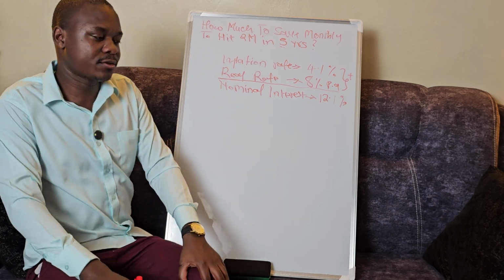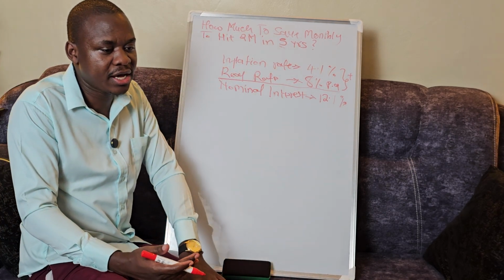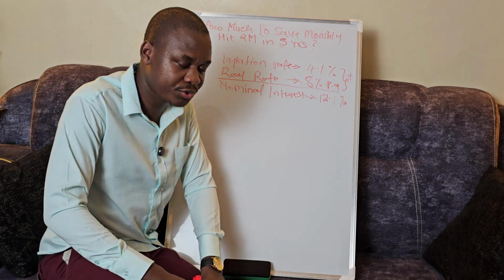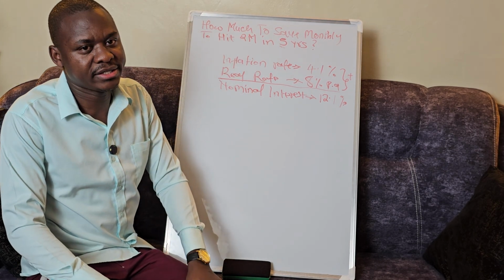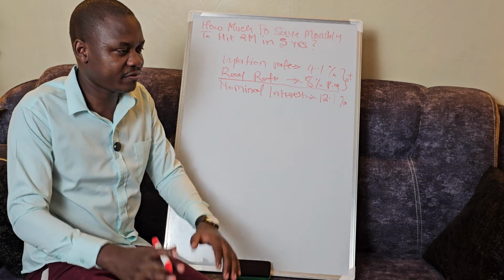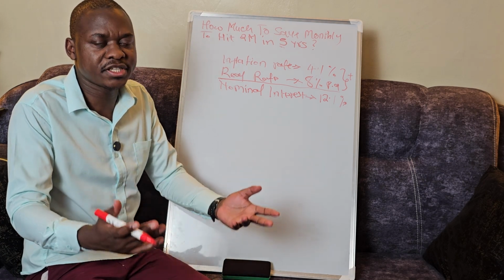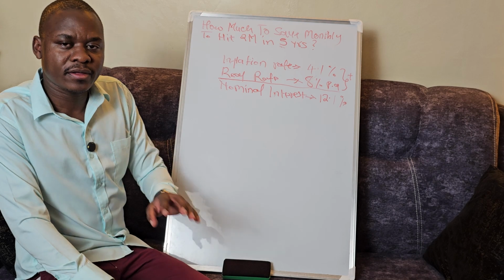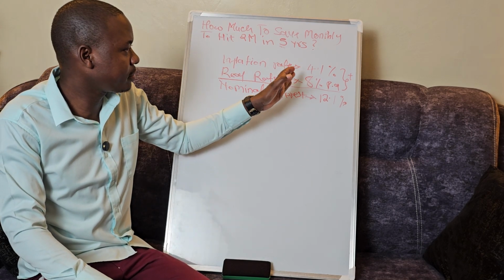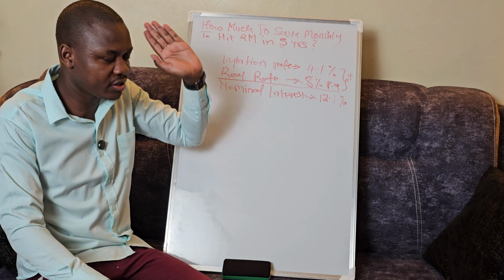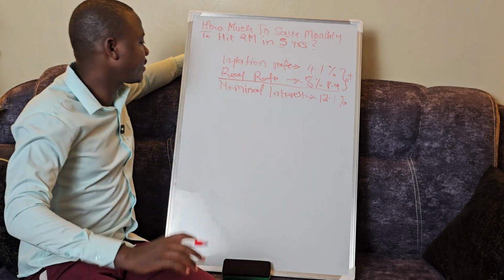When we say inflation, we just mean the persistent increase in the prices of items. If you used to buy 1 kilogram of sugar at maybe 100 shillings, and currently you are buying it at 150 shillings, then the 50 is what we call inflation. So it's very important to always adjust, because inflation is real and is a silent thief.